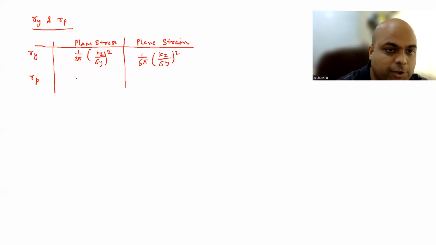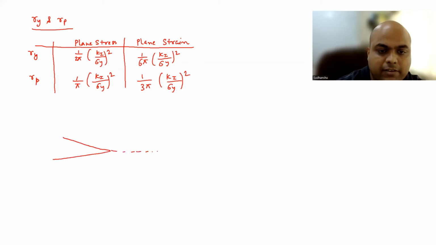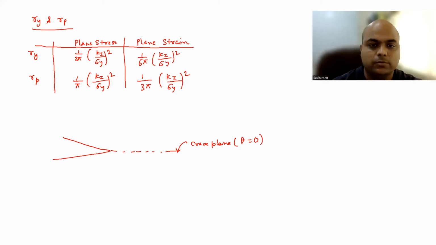So it is going to be 1 by pi K1 by sigma y square. This one, 3 pi K1 by sigma y square. So overall, in the plane strain condition, the plastic zone size is smaller than in the plane stress condition. And we had calculated this on the crack plane, right? That means theta was equal to 0.